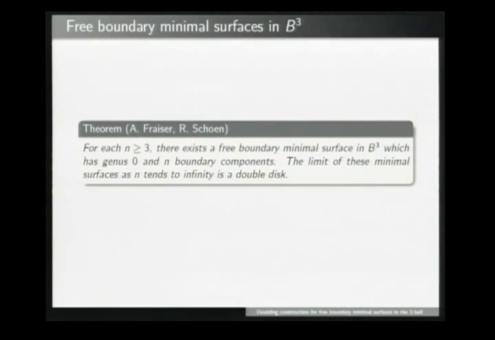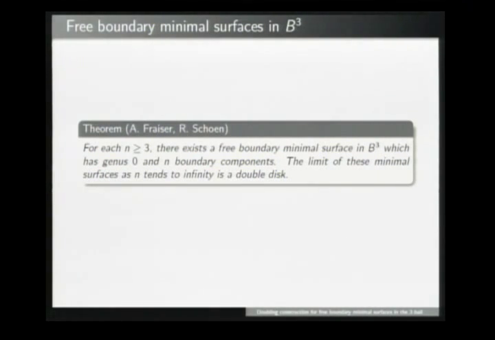Okay, so how can this be used to construct free boundary minimal surfaces in a three-ball? There is a recent result by Elena Fraser and Rick Shane, published this year, that says that there exist free boundary minimal surfaces in the three-ball which have genus 0 and n boundary components, and the limit of these minimal surfaces as n tends to infinity is a double disk.